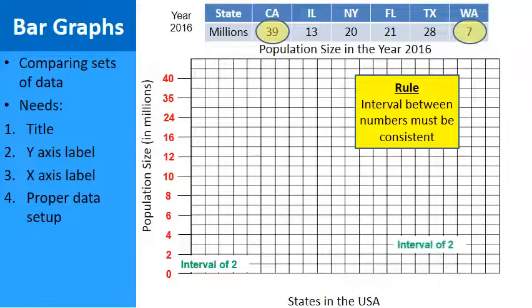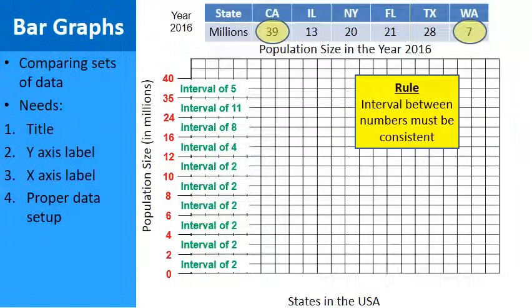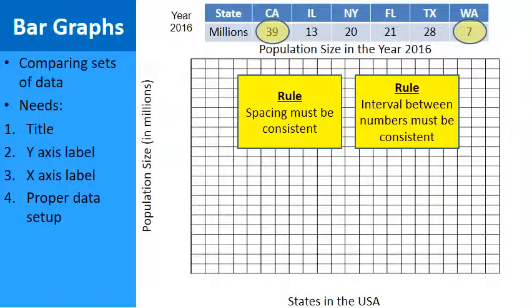Notice how there's an interval of 2 at the start, and then around the halfway mark, interval of 4, interval of 8, interval of 11, interval of 5. This is going to end up distorting the shape of my graph if I were to continue. So again, here is a better example. Starting around 0, because Washington at 7 is close enough to 0, and I went every 4 million all the way up.